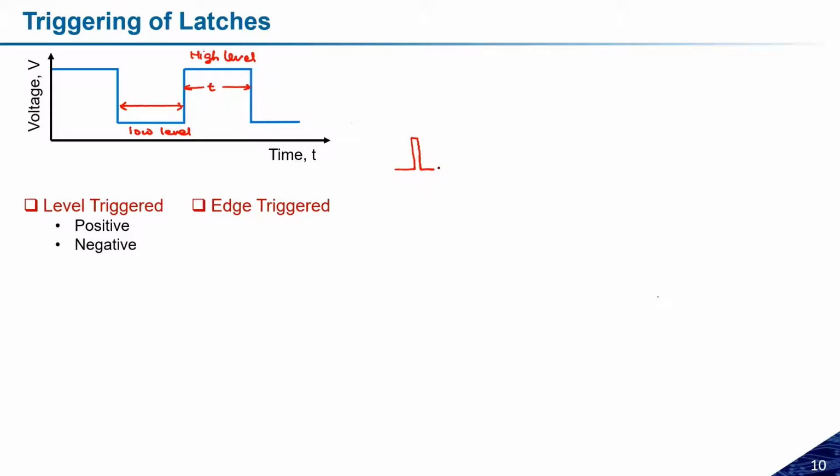So one possibility: there is a high to low and a low to high transition in the clock pulse. If somehow we can utilize this transition time to trigger, then the problem we discussed before will not come. This kind of triggering is called edge triggering.